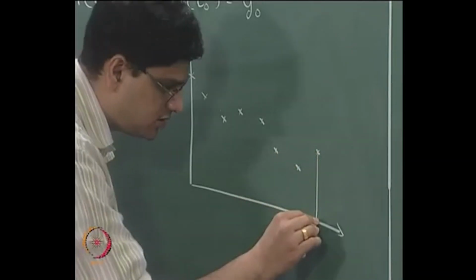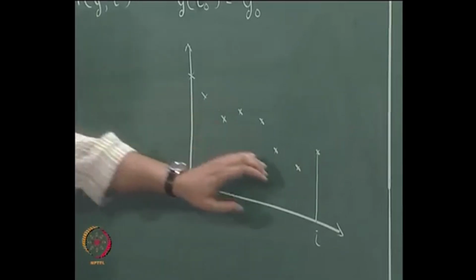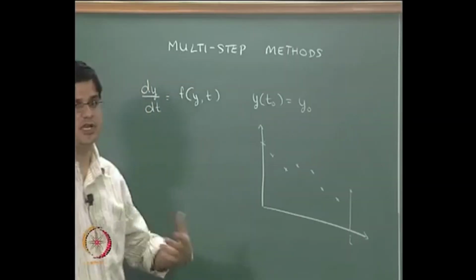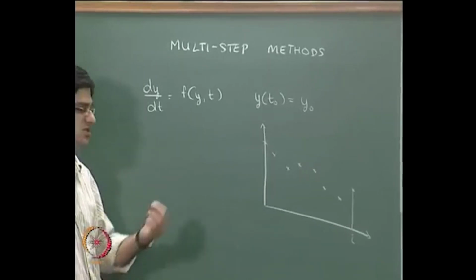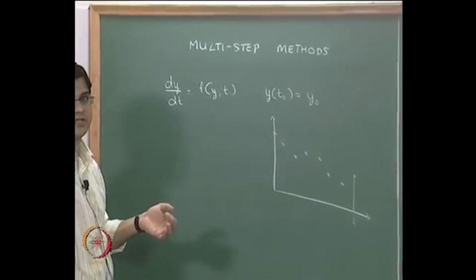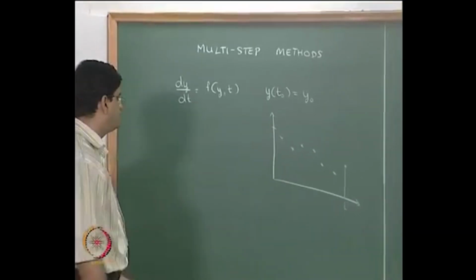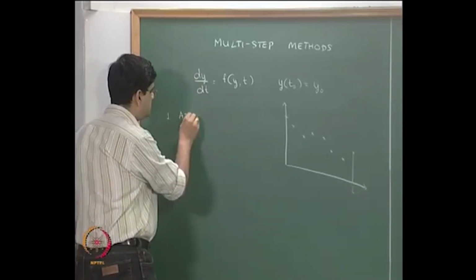We can use the data at these various past values in different ways, and the two main families of methods that use this data are the Adams family of methods and the BDF, or backward difference formula, based methods.